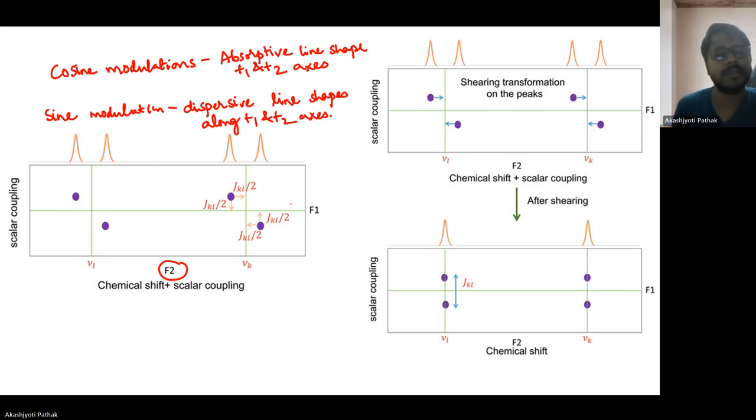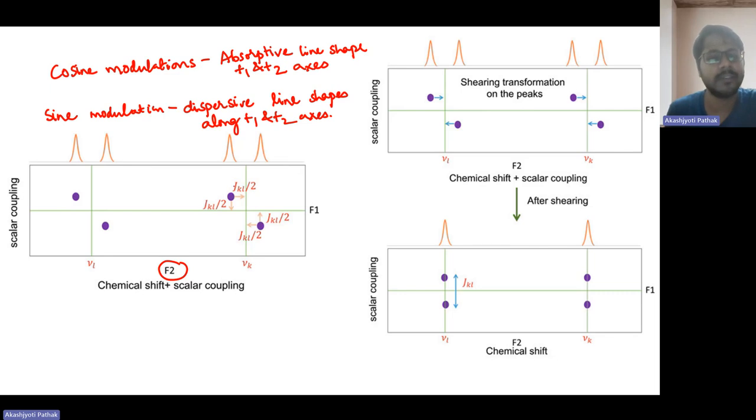So that is what we were seeing when I discussed one of the questions before: in the F1 axis and F2 axis, mixed phases or mixed line shapes are present, dispersive and absorptive line shape, because there is both a cosine function and a sine function.